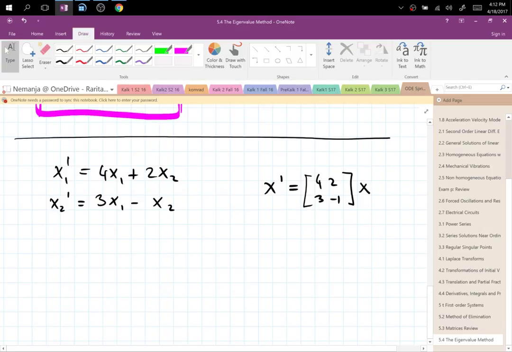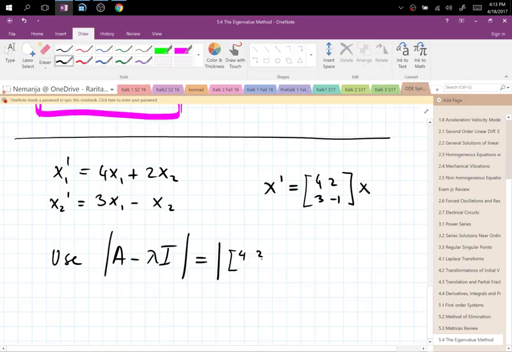So that transforms my system into the matrix, and now we have to use A minus lambda I in the determinant. So the determinant would be matrix A, which is 4, 2, 3, negative 1, minus lambda times 1, 0, 0, 1.